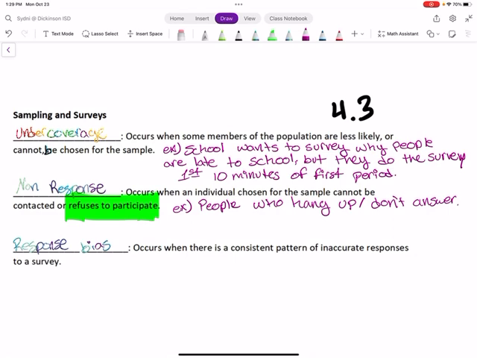Our example for this is the principal does a survey of people who are tardy or absent.